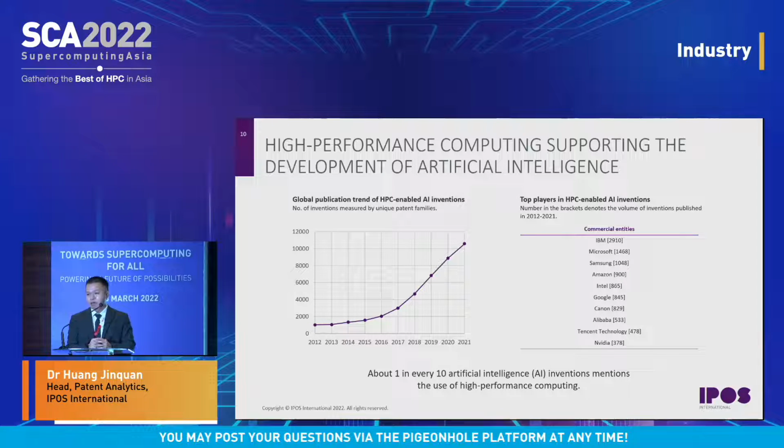So we started monitoring AI about 7 years ago, and we have seen how China has caught up and overtaken the US in terms of number of AI inventions. This chart shows you the number of AI inventions that mention the use of HPC. You can see from the chart it's actually going up very fast.